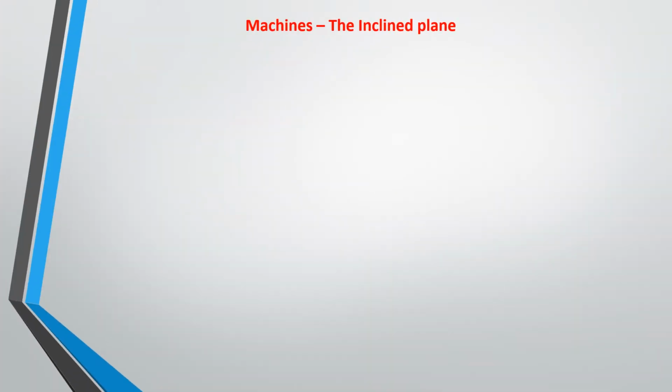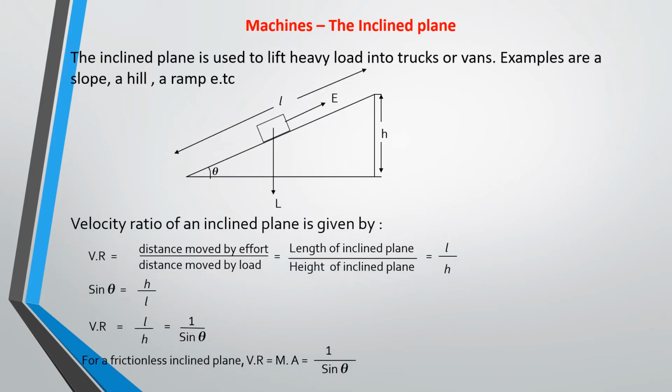So we are still looking at different types of machines, and for this class, for now, we are looking at inclined plane. Many people will not know that an inclined plane is a machine, but when you want to lift some object, especially maybe you want to roll a drum into the back of a lorry, it is easier for you to use an inclined plane, right?